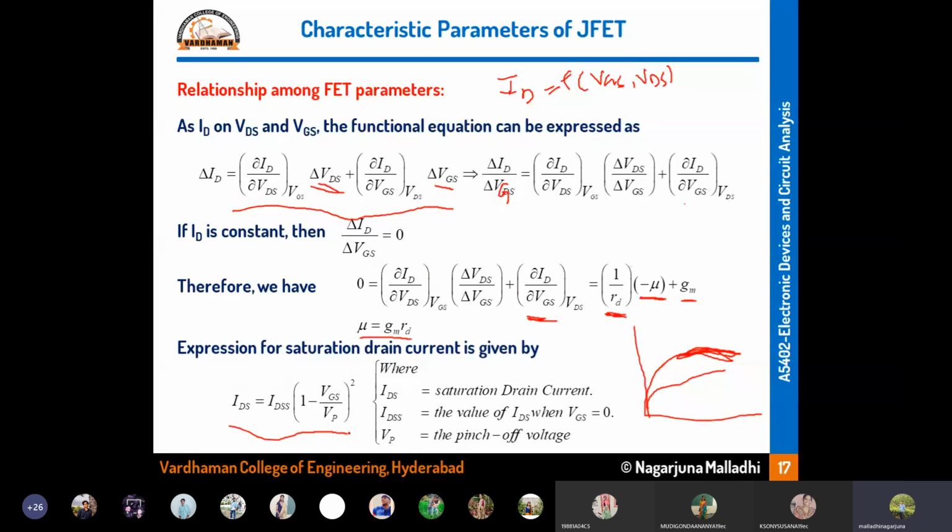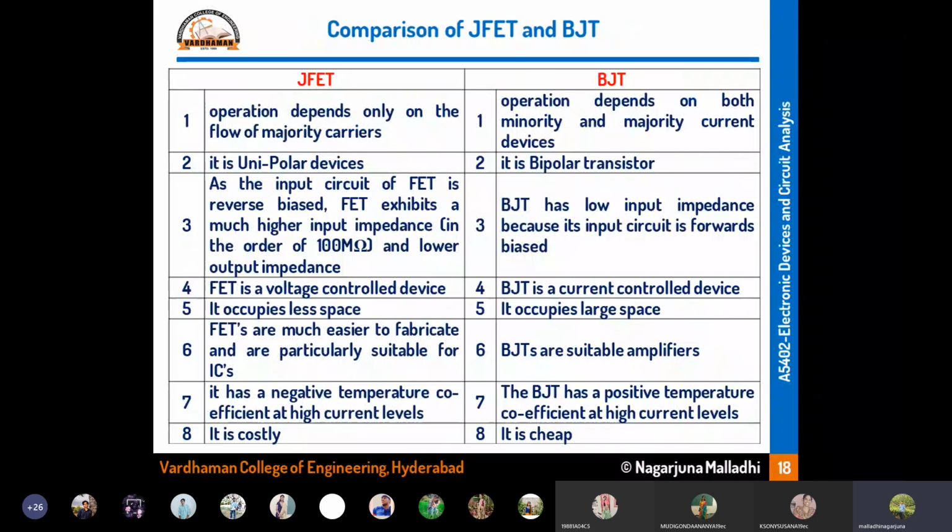So the voltage required to make contact of these two depletion regions is called the pinch-off voltage, and that region is called the pinch-off region. So that is VP, and this is the formula for saturation drain current. Please note down the comparison of JFET and BJT.